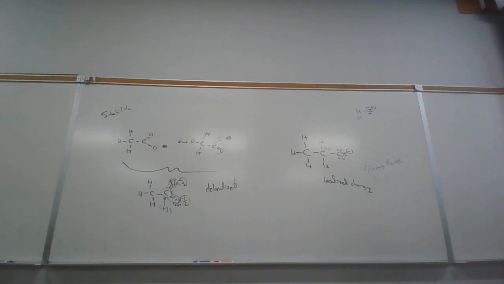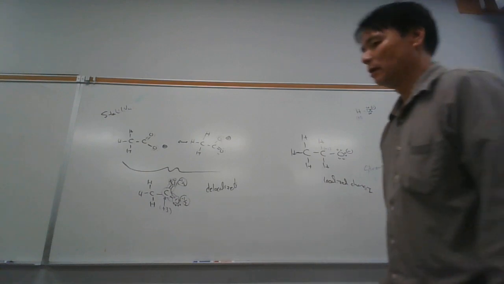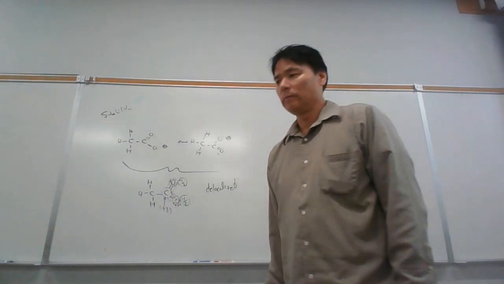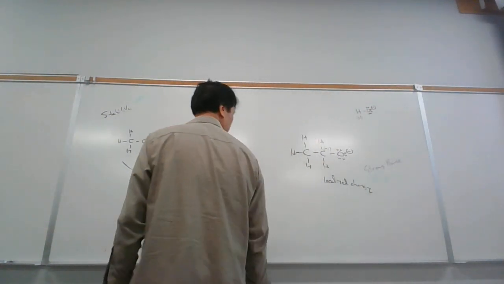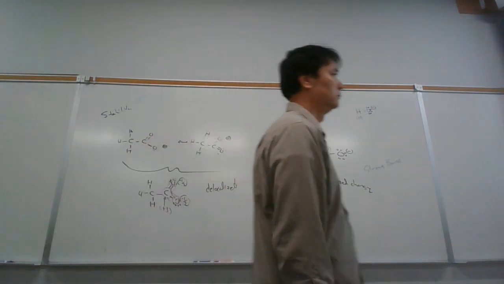Okay, if we go to chloroacetic acid and compare it to acetic acid, acetic acid is 10 to the minus 5. This is 10 to the minus 3. So it looks like chloroacetic acid is about 100 times stronger than acetic acid. So what would the reasoning be for that? Inductive effect.